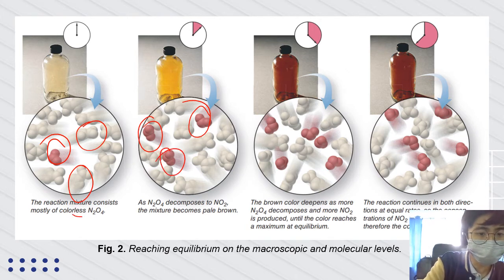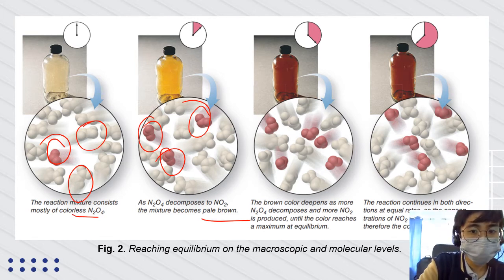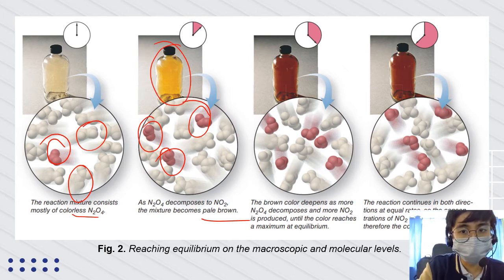So as you can see, from colorless to pale brown. As more NO2 molecules are formed, it can be viewed at the macroscopic level that the tube turns pale brown and eventually darkens, because NO2 is reddish brown, as you can see here.